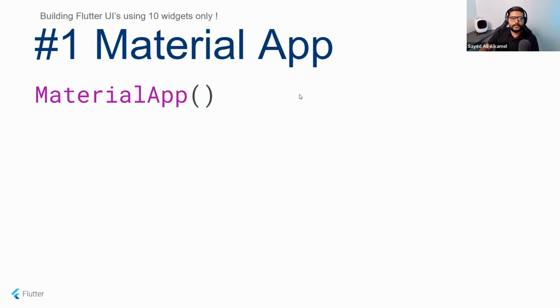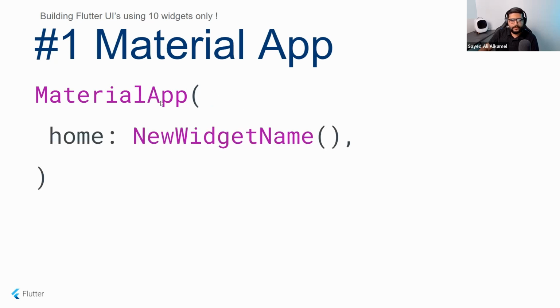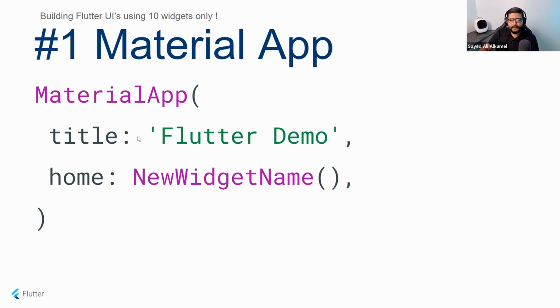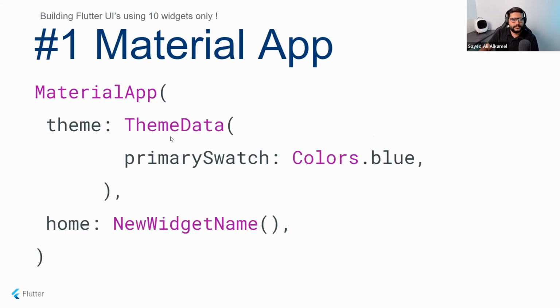Calling this widget, you will have a MaterialApp. One of its properties is home, where you call the first widget that you want to show. Here you can also define a title and a theme. It will all be mentioned inside of this MaterialApp widget, which describes your app.